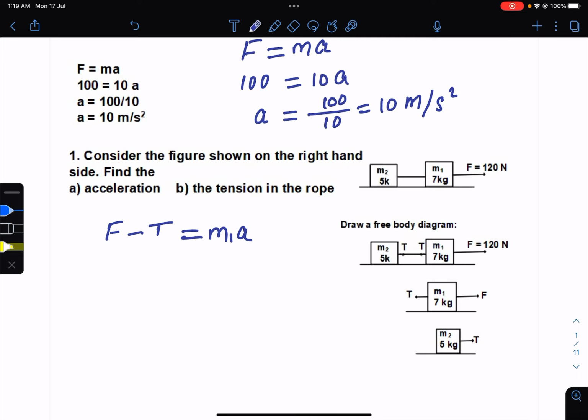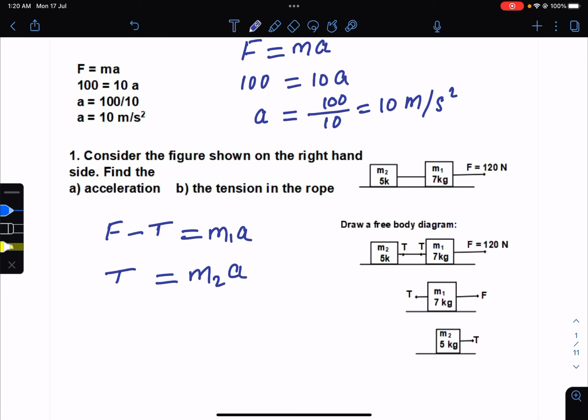And now for block number 2, we're gonna get T being equal to M2A.